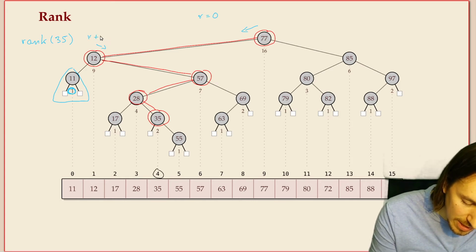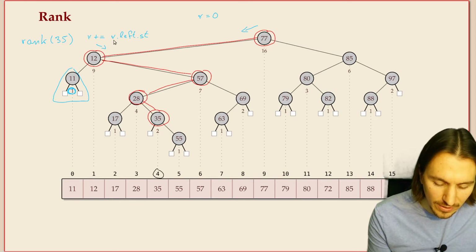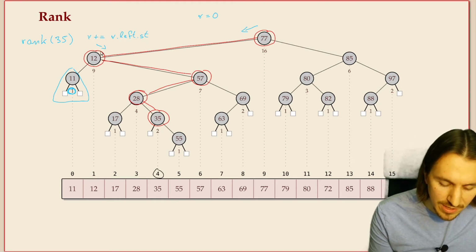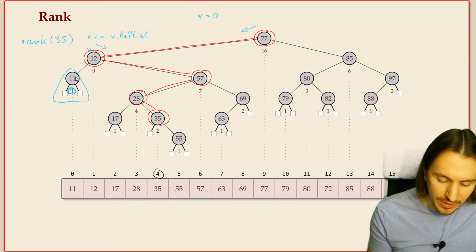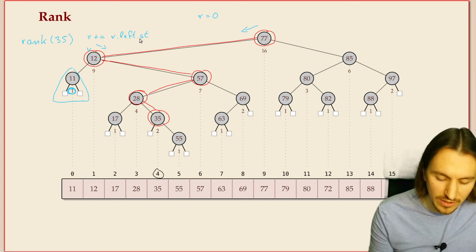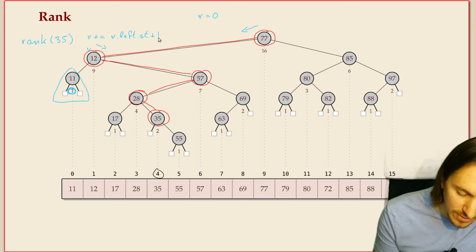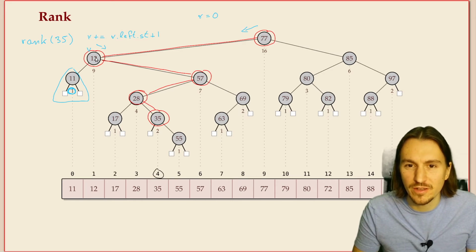This node maybe is called V. So we add to r the left subtree size. I'll just use this notation for that. V is this node, the 12. Left is its left child, and st is this subtree size that we have stored in each node. But we also add +1 because we went to the right. That means also the 12 is smaller than the 35.